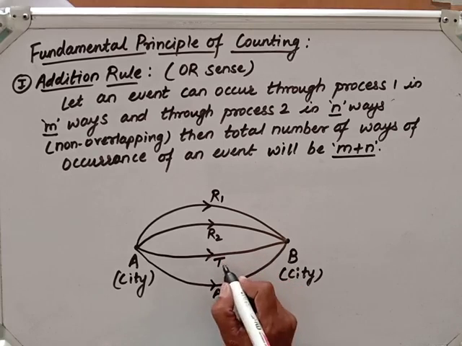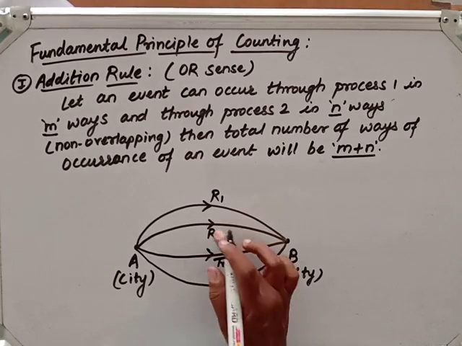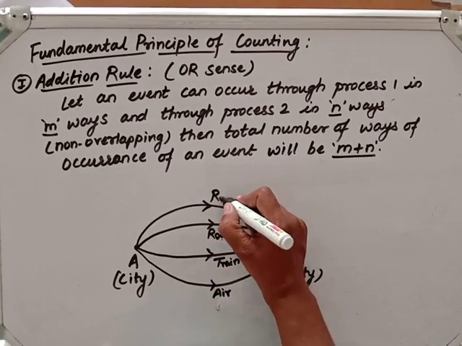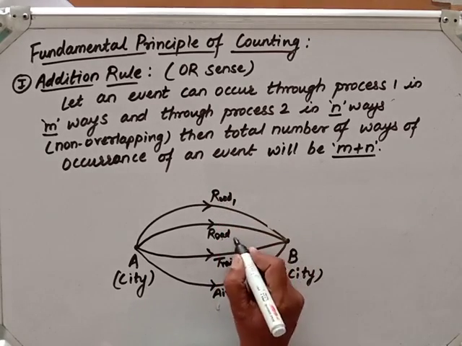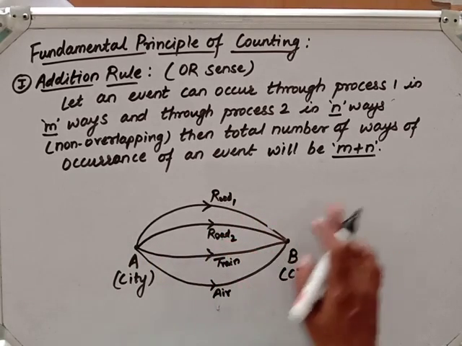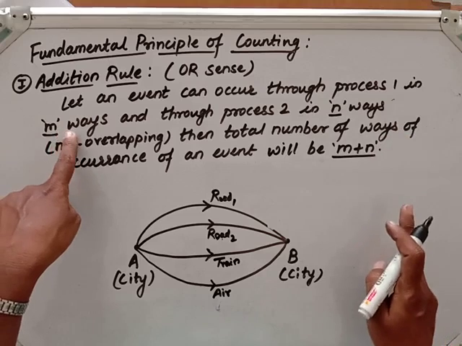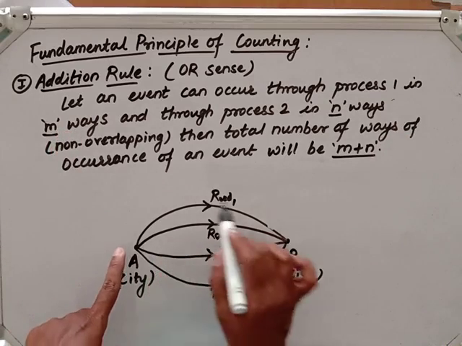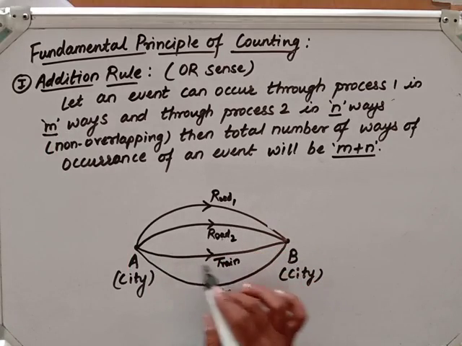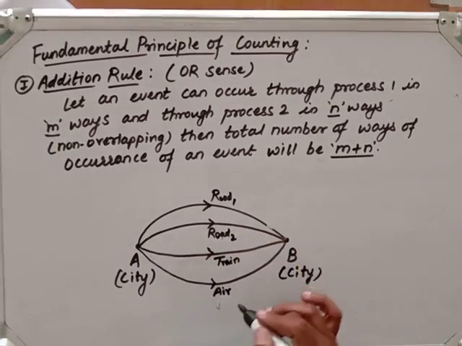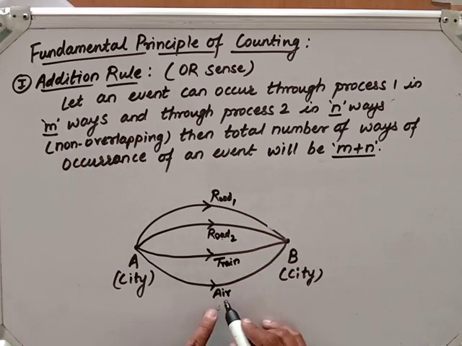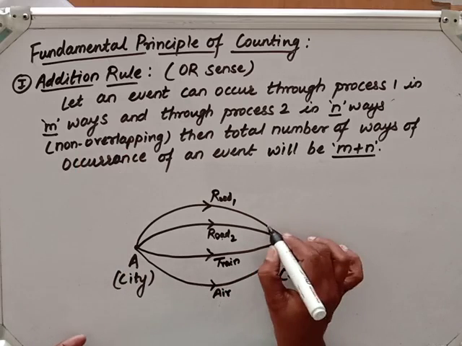This is road 1 or this is road 2; these are different. Now process 1 by m ways means what? If we have to go by road, then how many ways? 2 ways. If we have to go by train, then 1 way. That will get added. This is non-overlapping, and the airway is also a different one.